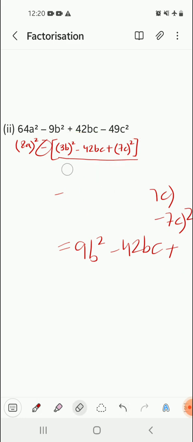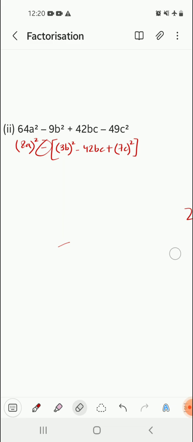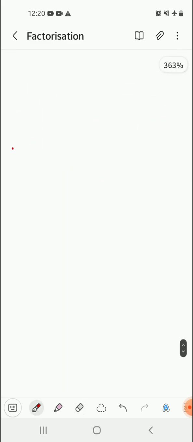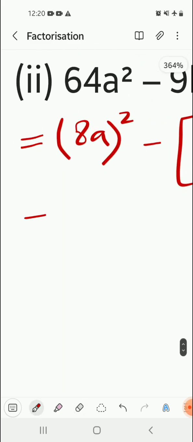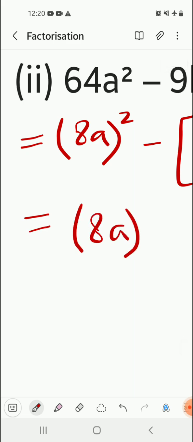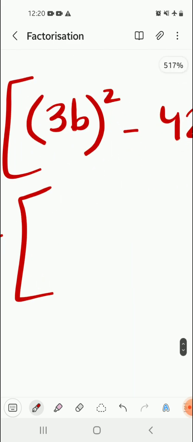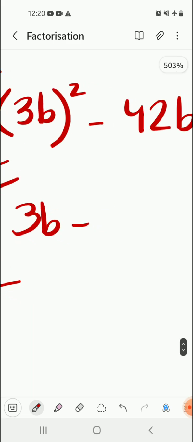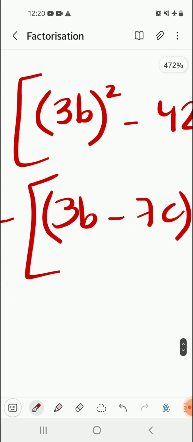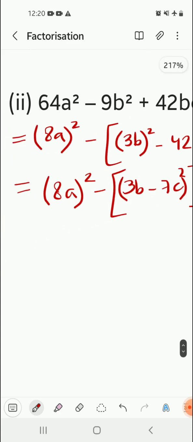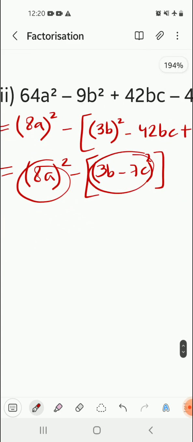So now, once we have understood it, we are going to write the formula. So this basically brings us down to the formula, that is, we are going to write it within brackets. This is actually the (3b − 7c) whole square formula. Here again we have got a square minus b square.